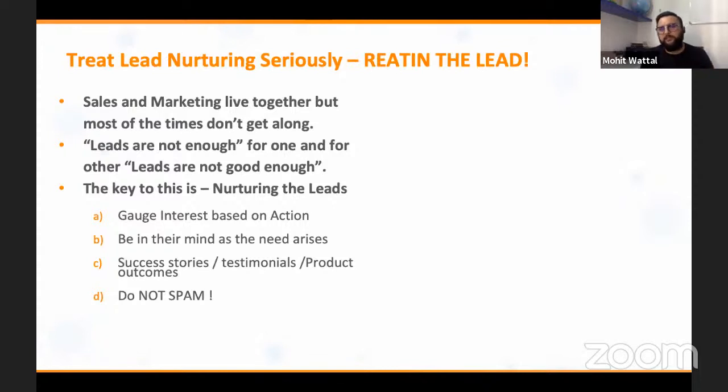I think that becomes the end of the road, both for your lead life cycle and also for your brand. But without spamming, having a particular lead life cycle is something that really works. And I think retaining the lead is very, very critical for me as a business owner, and also as a brand, right?